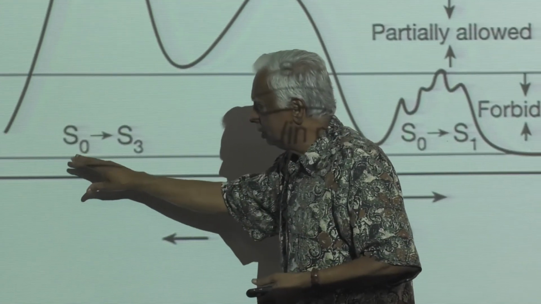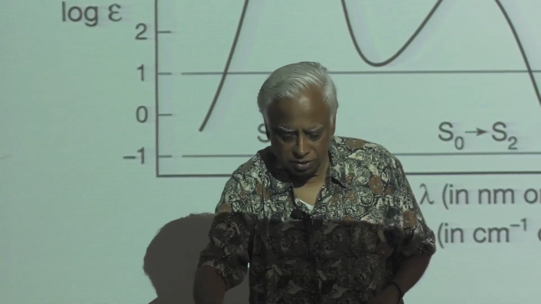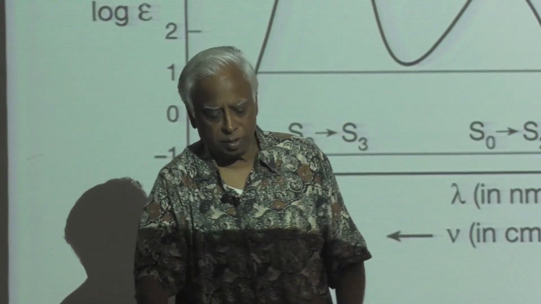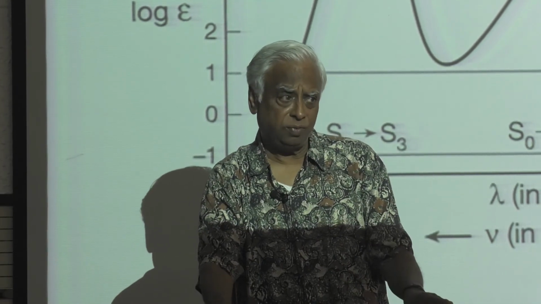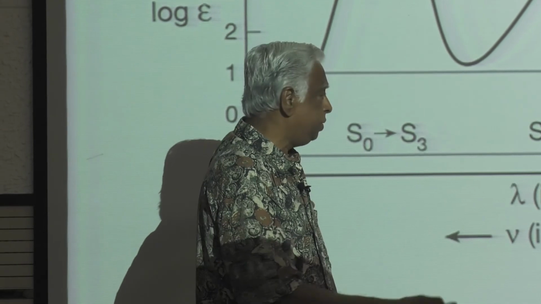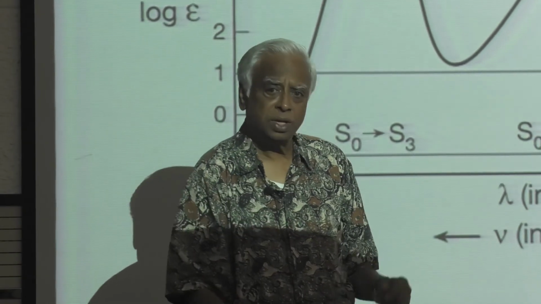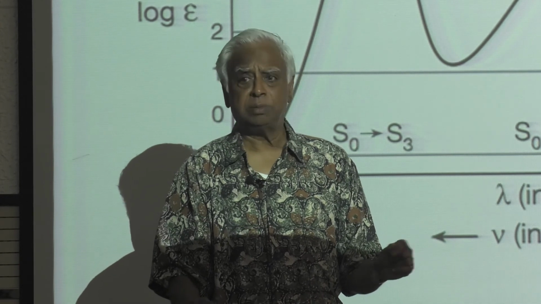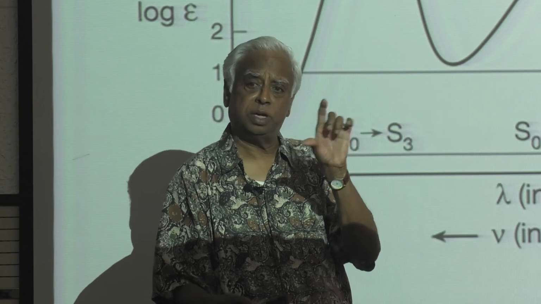So now what happens is, if you pass light through something, the light that is going through is going to have wavelengths all the way from 200 to, let's say, 700. So when the light is going through, it will absorb some of it and some it will not absorb. Whatever gap it needs, that's the only thing that will be absorbed.